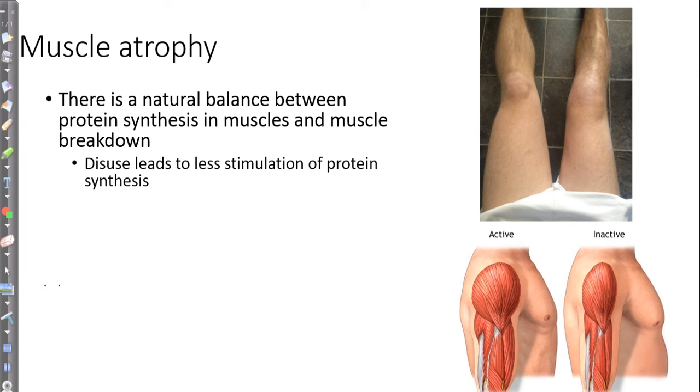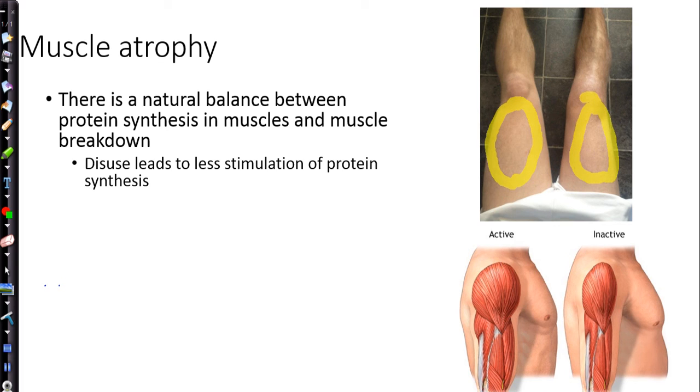Finally, I just want to give you one slide of the opposite. Rather than building up muscle, what about atrophy? As I mentioned before, there is this natural balance between protein synthesis and muscle breakdown. So disuse leads to less stimulation of protein synthesis, and as we see here in the slide, obviously this person's right leg was casted, and you can see how much mass we have on one side and how much loss of mass we have on the other.